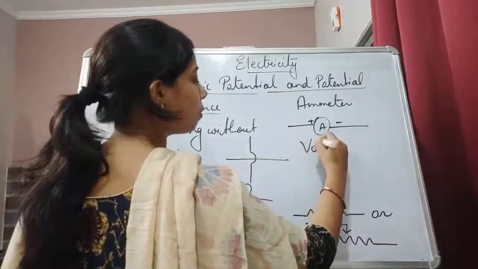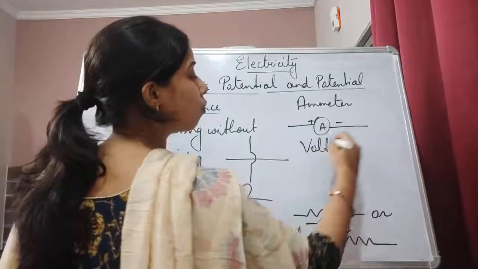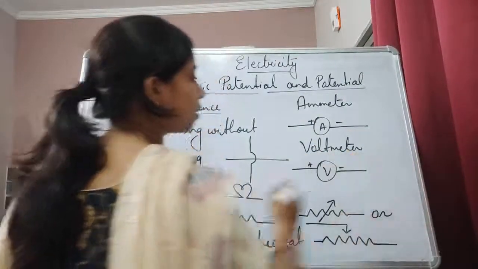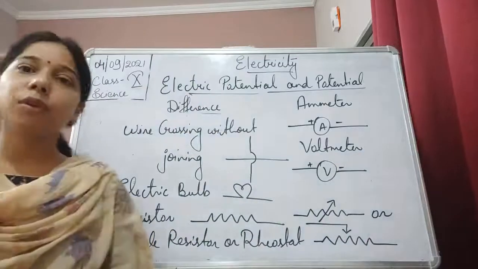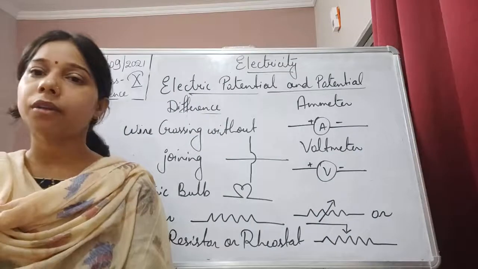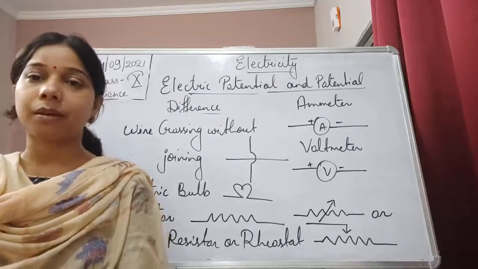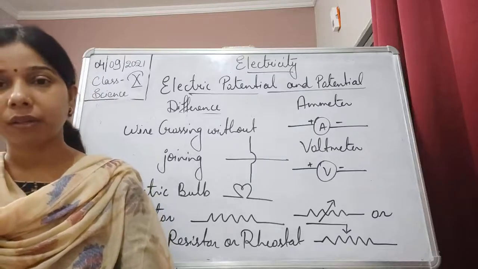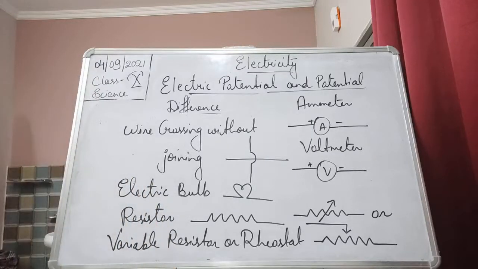And voltmeter is a device to measure the potential difference, and it is represented by V. One is positive and the other is negative. So these are a few of the electrical components that we are going to study in this chapter, and how they are attached to different circuits and what their use is. So this is about the circuit diagram.